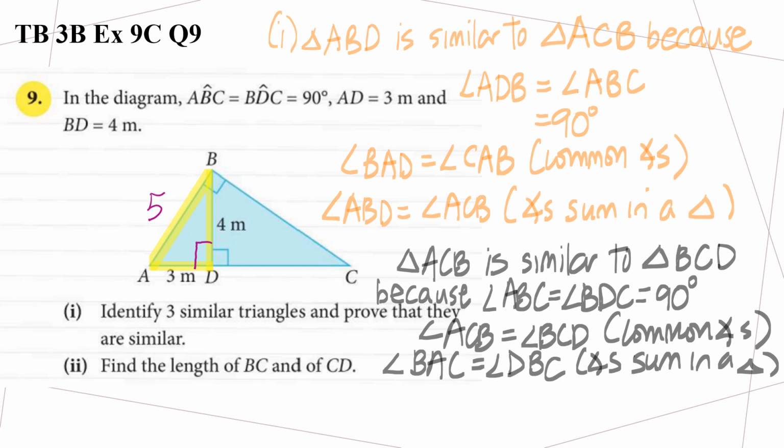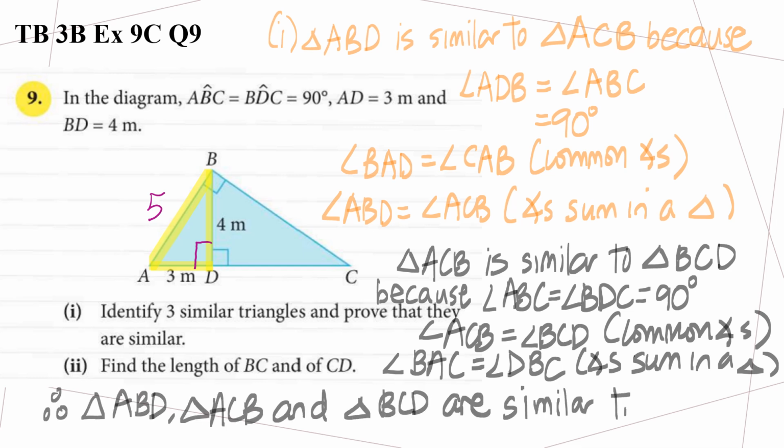This angle is equal to that angle, 90 degrees, and that angle is equal to that because it's a common angle. So the third pair of corresponding angles will be the same using angle sum in the triangle. So if ABD is similar to ACB, and ACB is similar to BCD, then ABD, ACB, and BCD are all similar triangles.